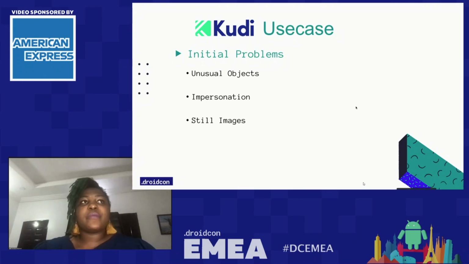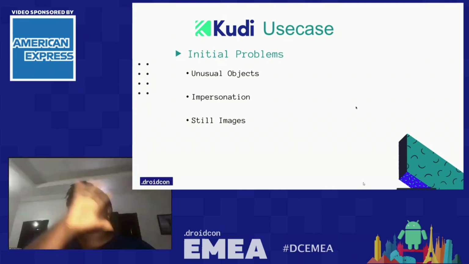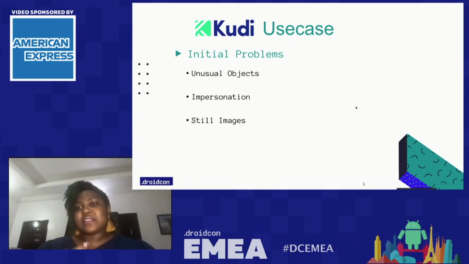Because it's a financial application, one of the problems we faced in the past is that when people are trying to onboard, they just snap pictures of unusual objects, like a random space, not their faces. We had that problem a lot, and we needed a way to be sure that the picture being uploaded is a real face.